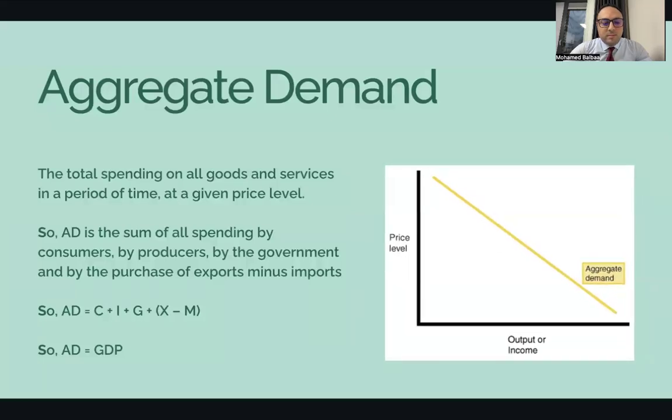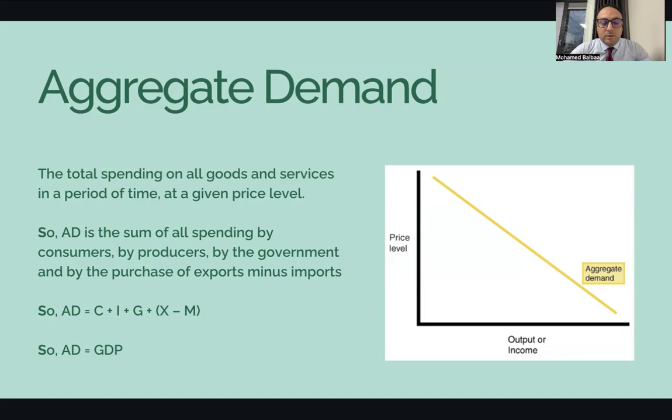Aggregate demand is very simple, like the demand model in microeconomics, just a simple demand curve. But of course, here we talk about all spending on all goods and services within the economy in a period of time at a given price level.